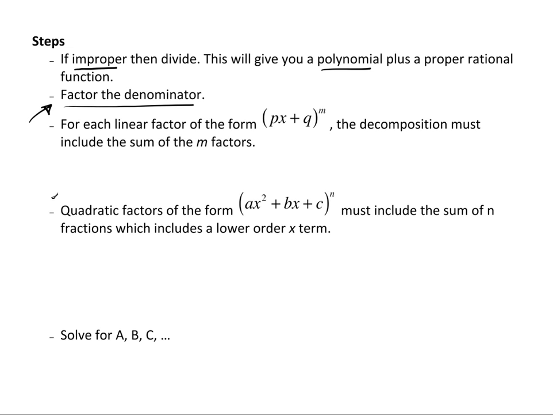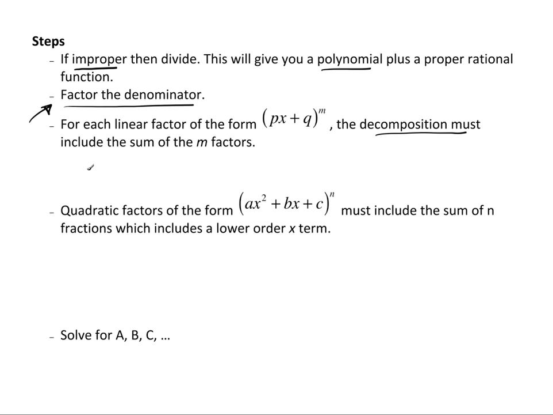factoring the denominator. Now, for each linear factor of the form px plus q to the m, like x plus 1 cubed or 2x plus 3 to the fifth, for each one, the decomposition must include the sum of the m factors.